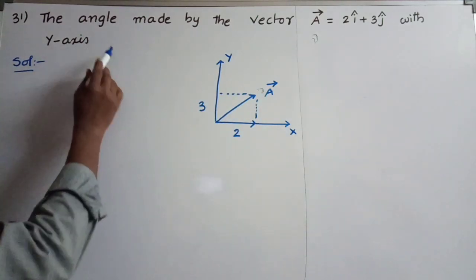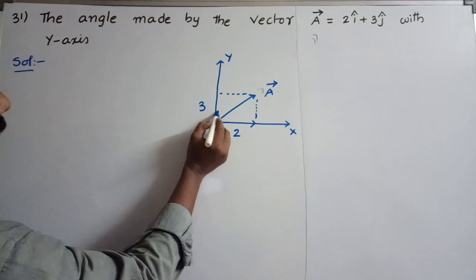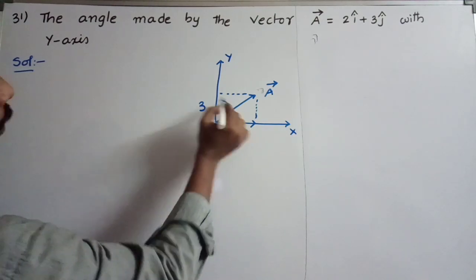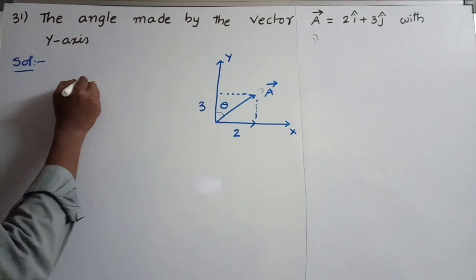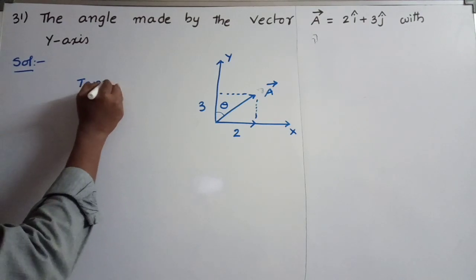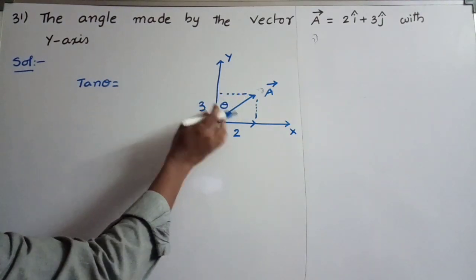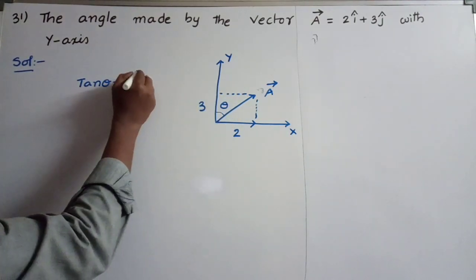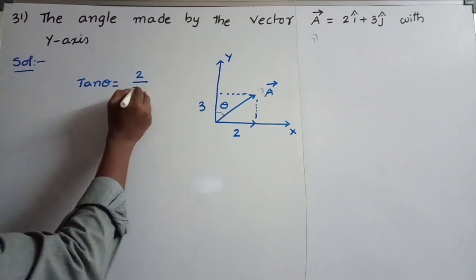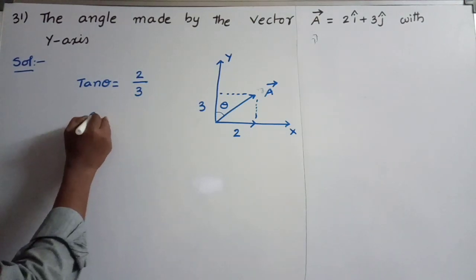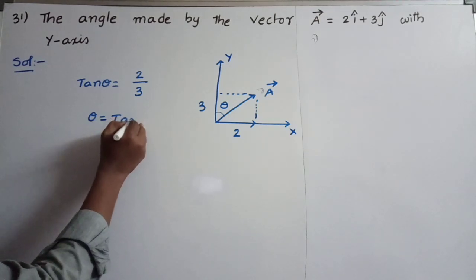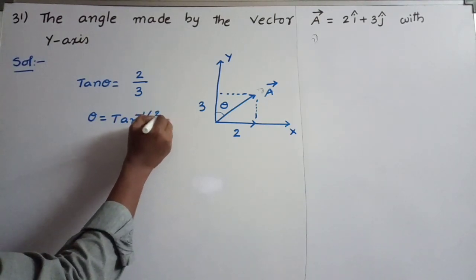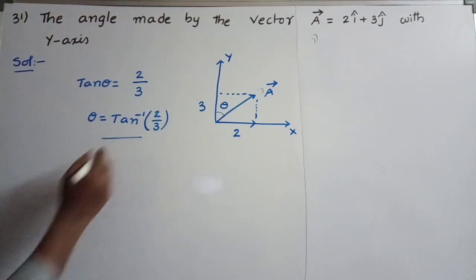The angle made by the vector with y axis, we have to calculate here, this theta. From this, tan theta is equal to opposite side by adjacent side. Here for this theta, opposite side is 2 and adjacent side is 3. From this we can write theta is equal to tan inverse of 2 by 3.